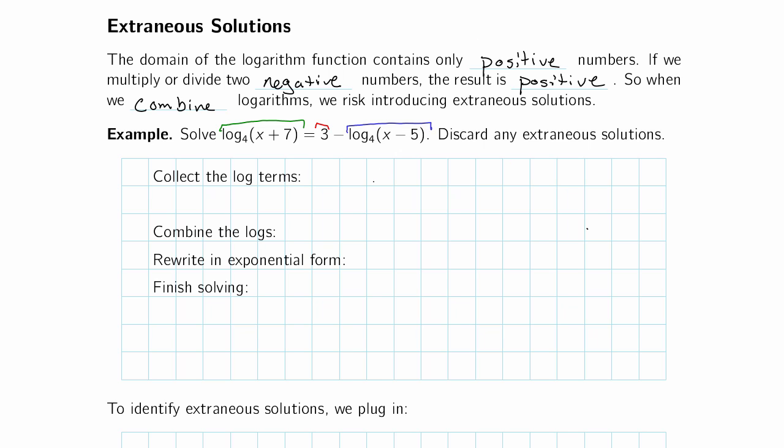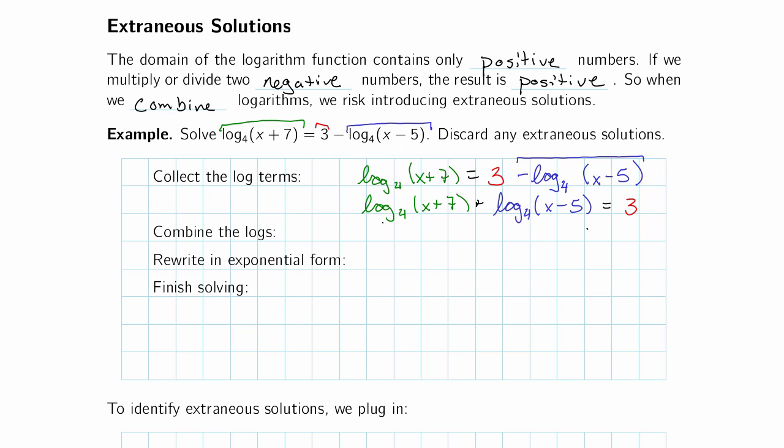So we start with our original equation, and we start by adding log base 4 of x minus 5 to both sides in order to collect all the log terms on the left. And then we have a sum of logs that's equal to the log of the product. So we'll have the log base 4 of the product x plus 7 times x minus 5.